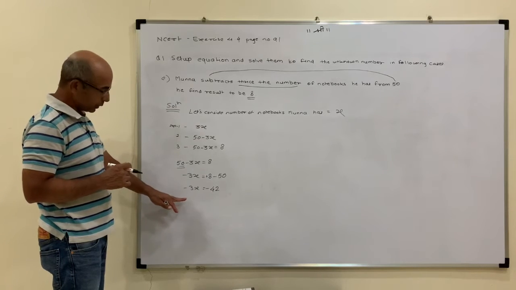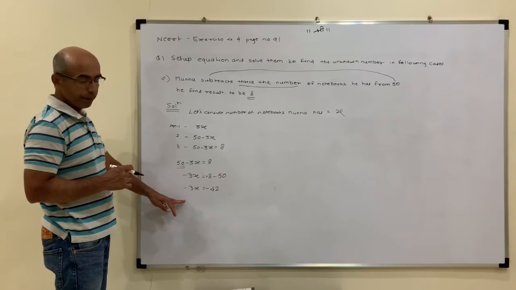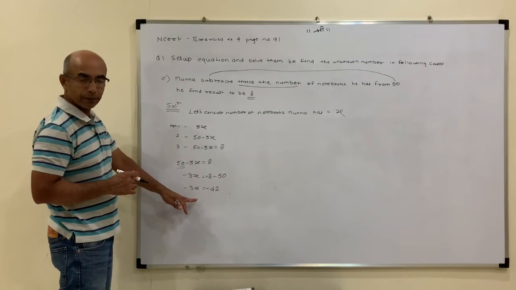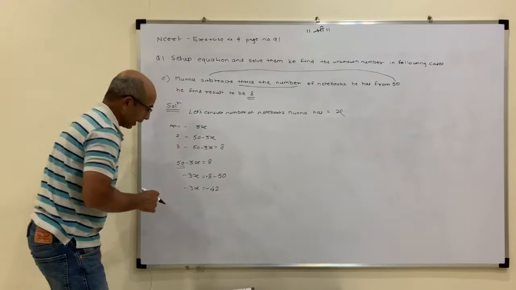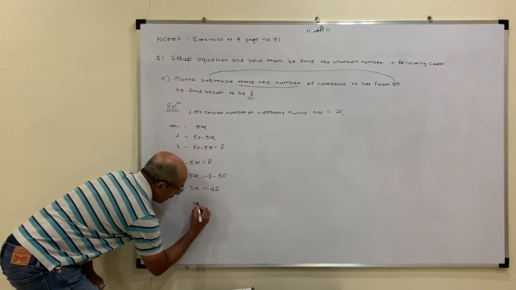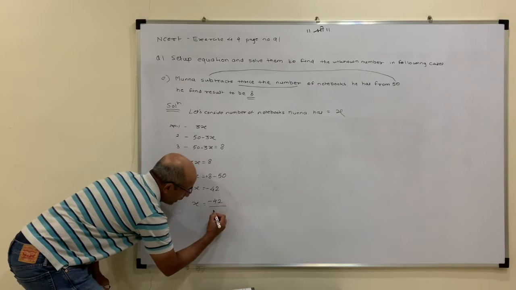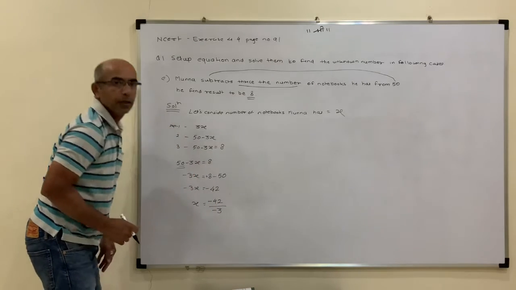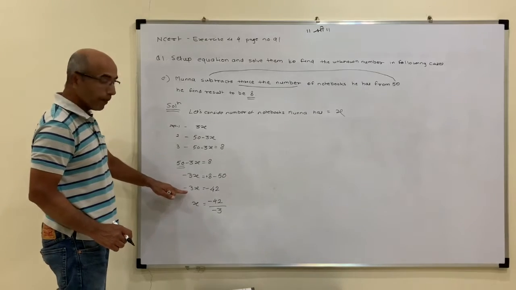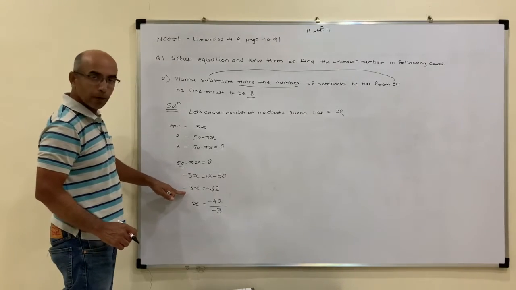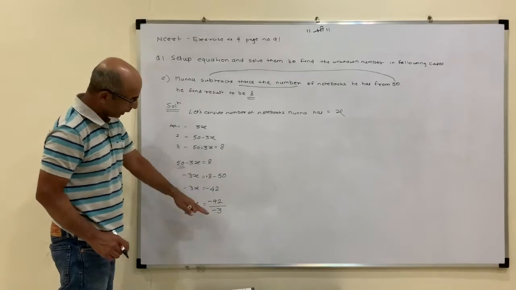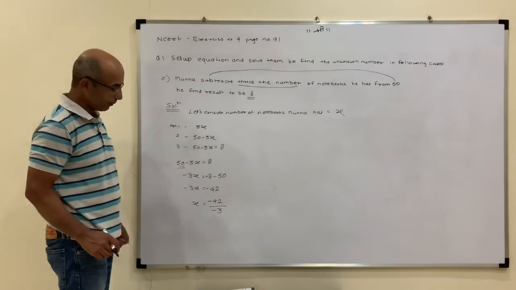Now I'll transpose this minus 3, which is multiplied on the left hand side, to right hand side. So my next step will be x equals minus 42 divided by minus 3. Since I am transposing a multiplied number from left hand to right hand, it becomes a divide.